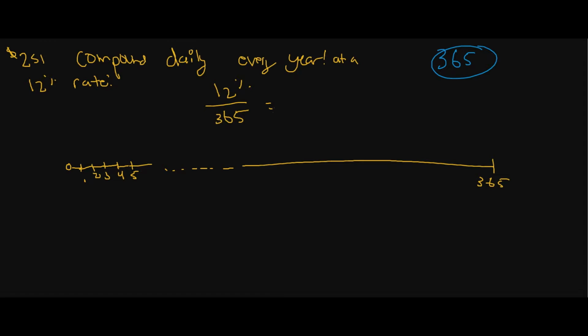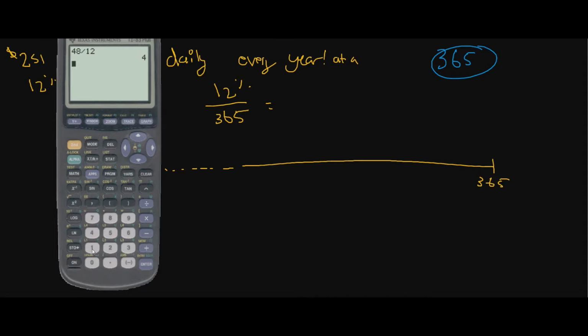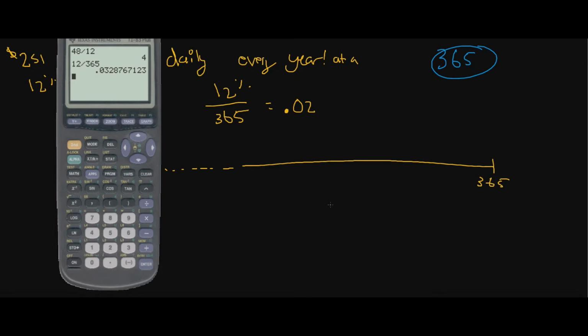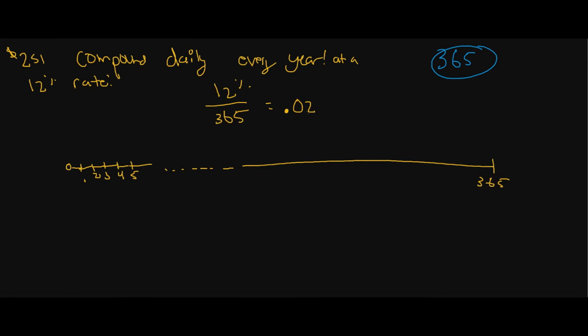So let's do 12 divided by 365, and we get 0.0328%. That means this percentage is going to be applied every single time evenly over 365 days.